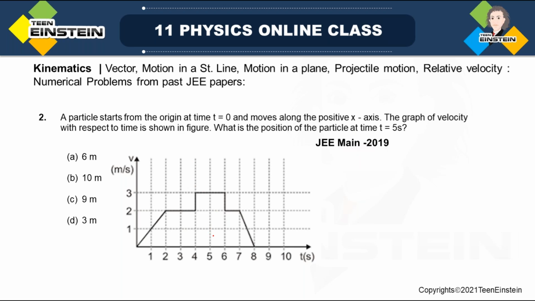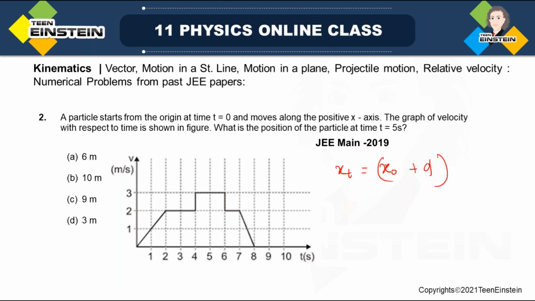So look here in this vt graph, suppose I have to find out the position at some time t. Since it is a straight line motion, if I know how much distance is traveled, I just add that distance, right?